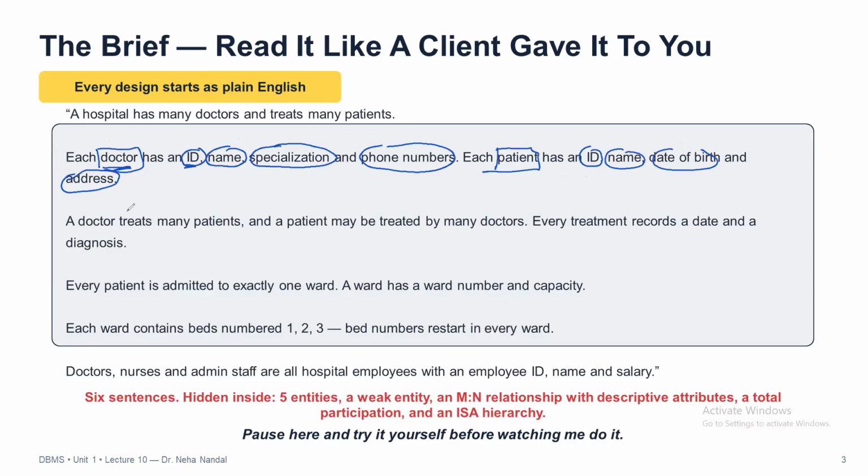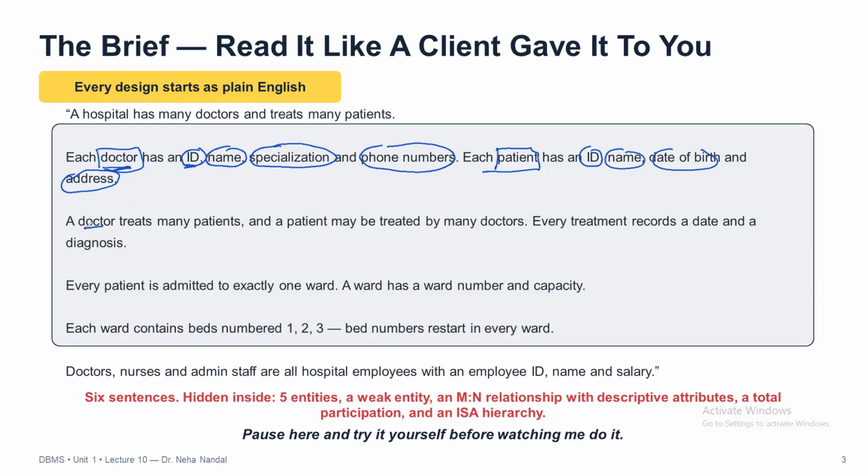So I segregated these things out. What different entities exist? These are the main entities that we always think of when a hospital comes to mind: there will be a doctor, there will be a patient. That is the first thing. We have to find certain more entities also, but first, let's start with this.